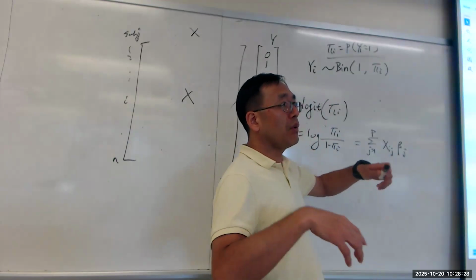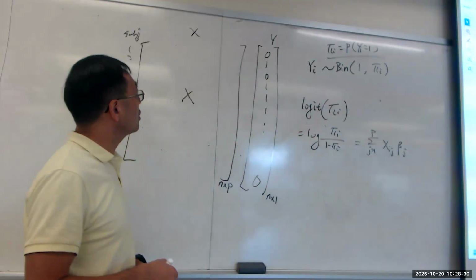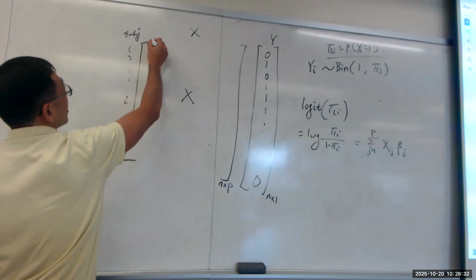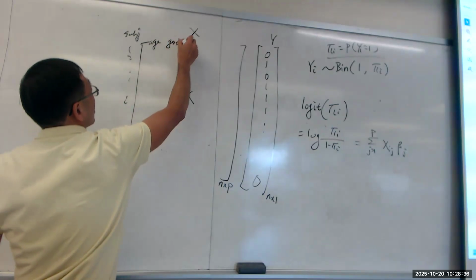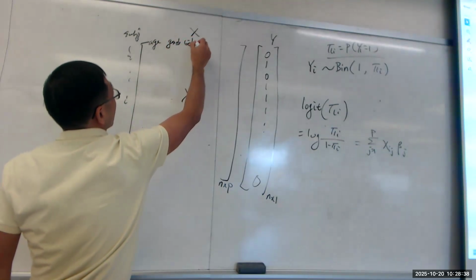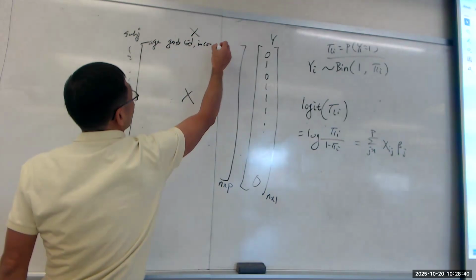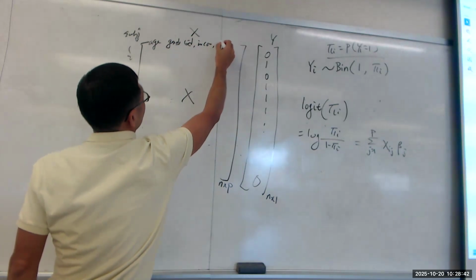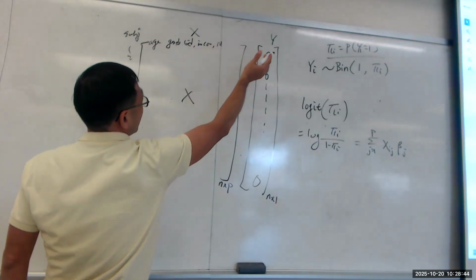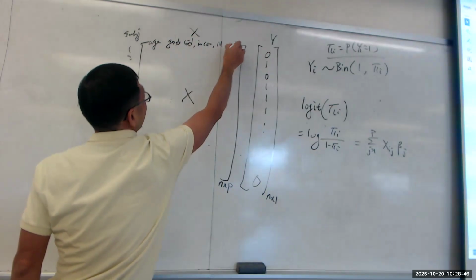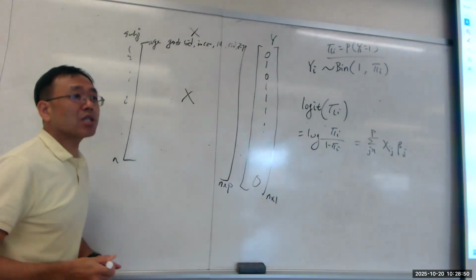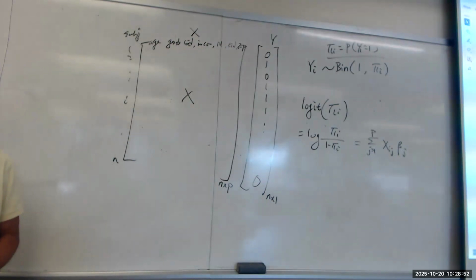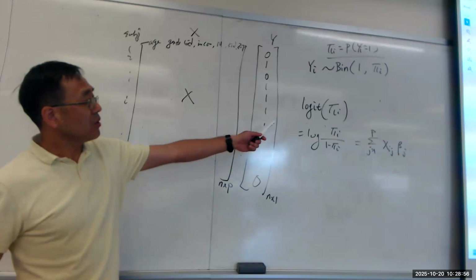So for example, when you apply for a loan, x could be your age, gender, education level, your income, your marital status, how many kids you have, and where you live, zip code, and so on. Those are the information that will determine your pi i.